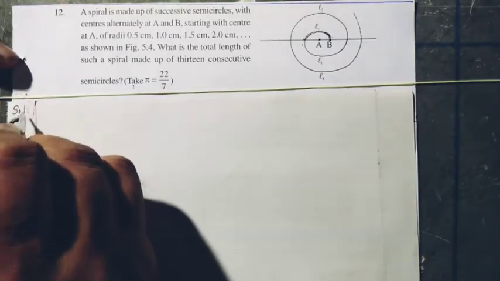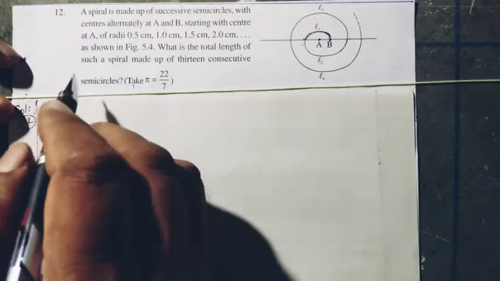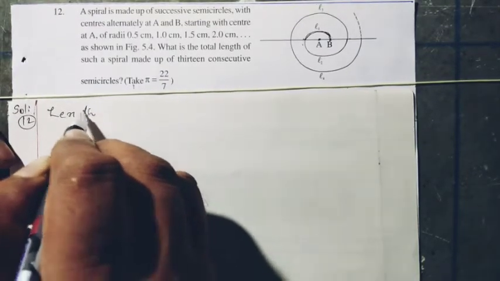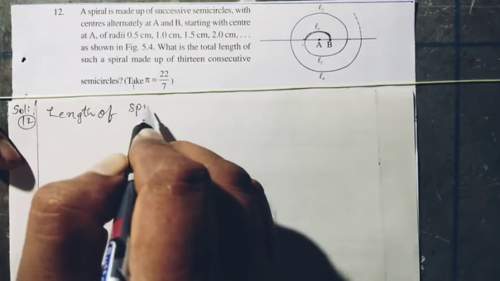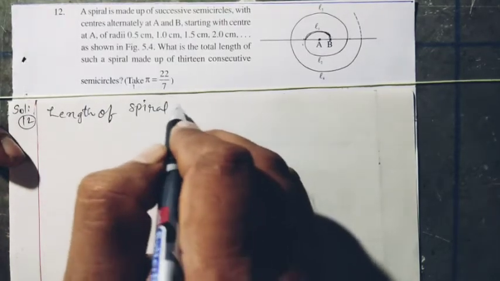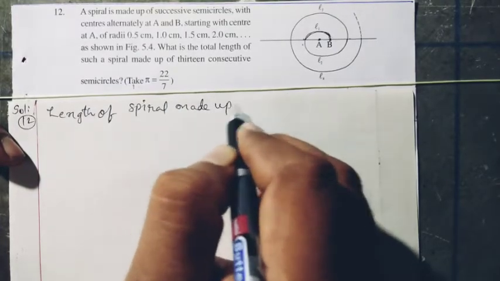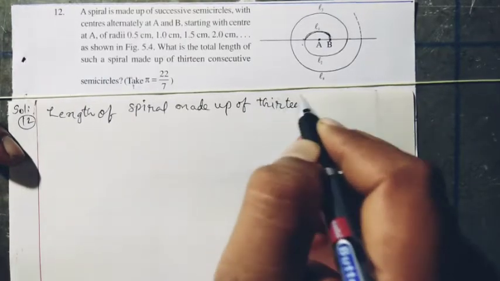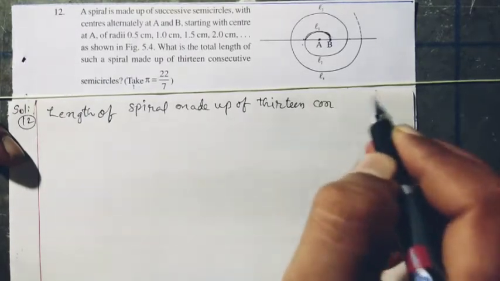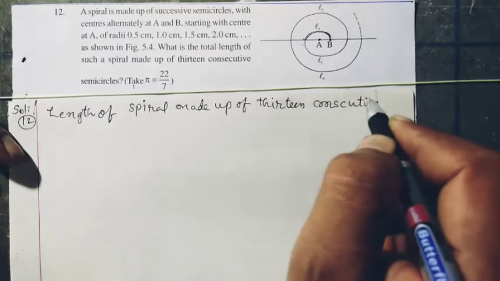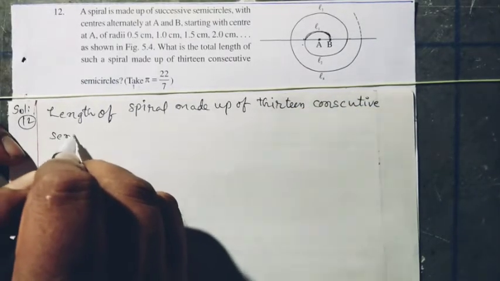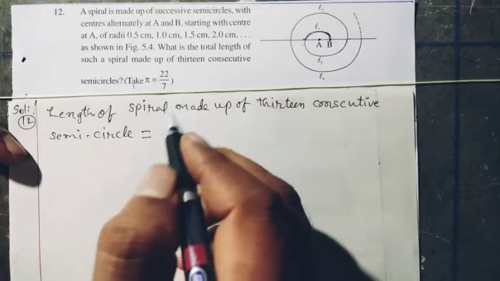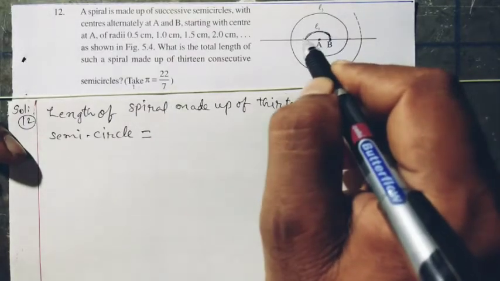Solution for 12th problem. Length of spiral made up of 13 consecutive semicircles is equal to, we have to find only the length of the arc.